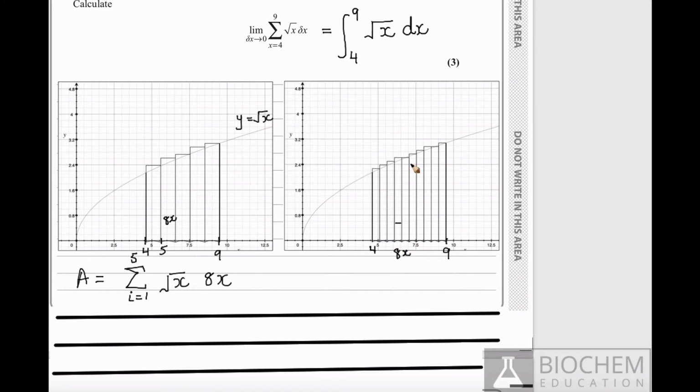So in this case, the area of one rectangle can be written as square root of x times delta x. That will be the area of one rectangle. And the sum of all the 10 rectangles in this case can be mathematically written as the sum from i equals 1 to 10 between the x values of 4 and 9.